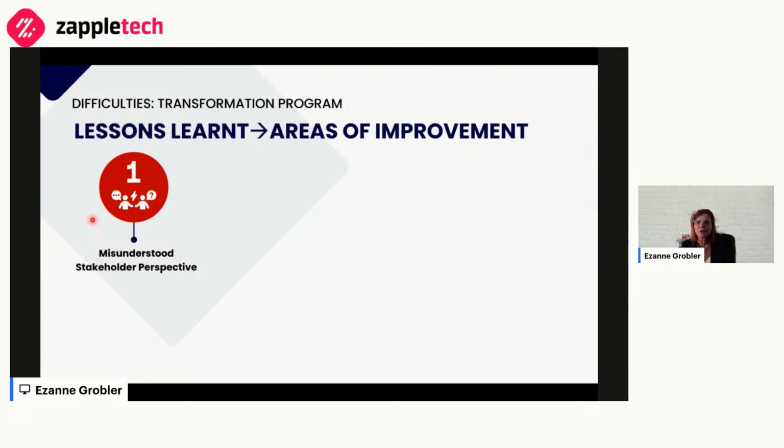So the first lesson that we learned in order to get to areas of improvement was that we misunderstood stakeholder perspective.